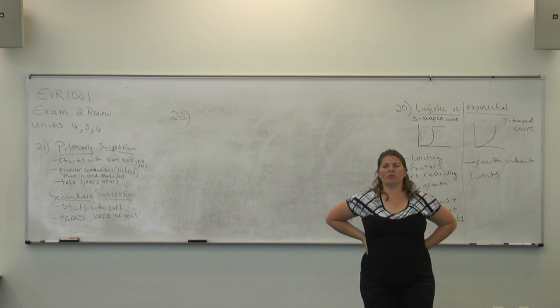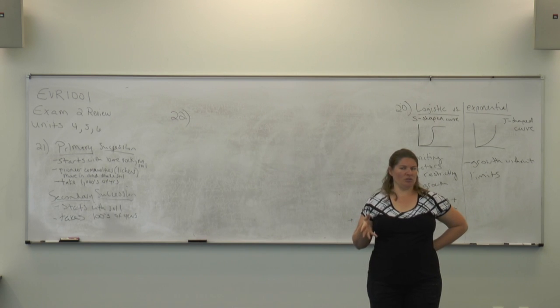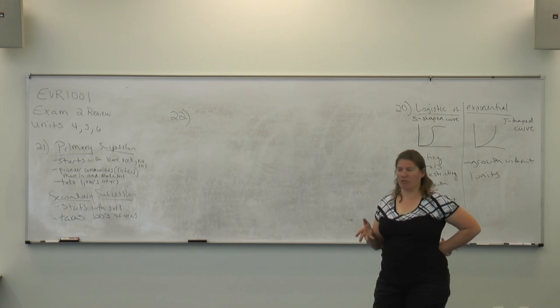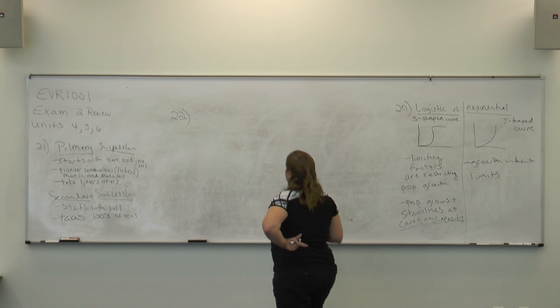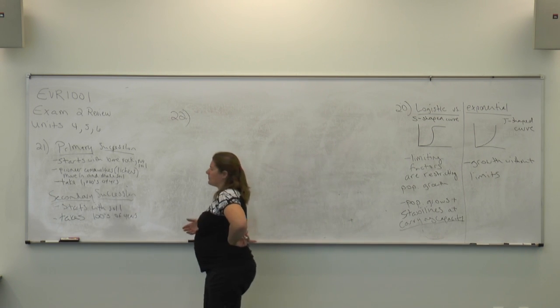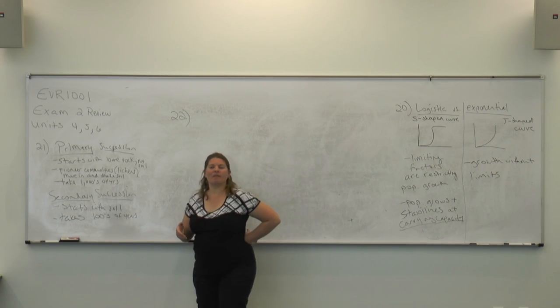You guys remember? What's the type of interspecific interaction where both species benefit? What's that called? It starts with an M. When both species benefit, what do you call that? Mutualism.